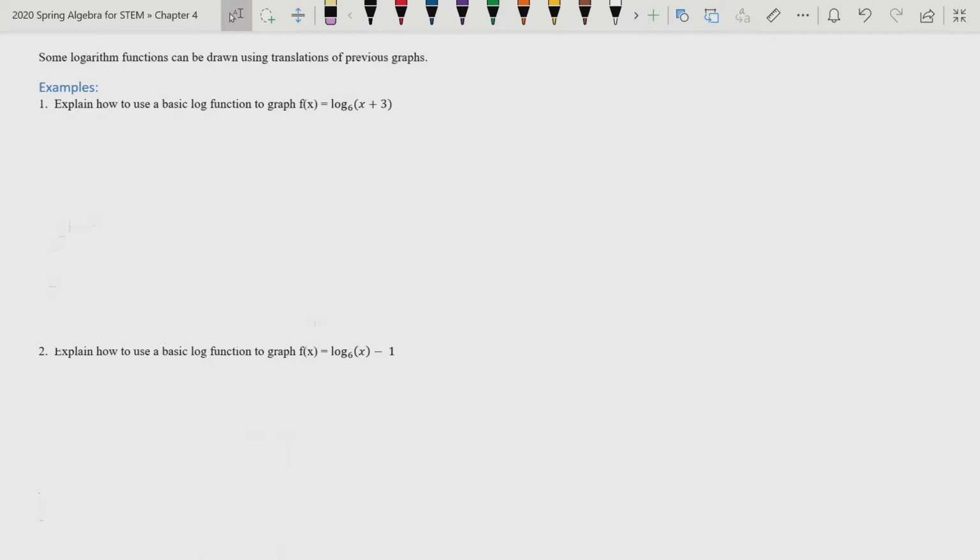Some logarithm functions can be drawn using translations of previous graphs. How do we get a basic log function to graph f of x equals log base 6 of x plus 3? In this case, we want to shift the basic graph, which is y equals log base 6 of x, to the left 3.